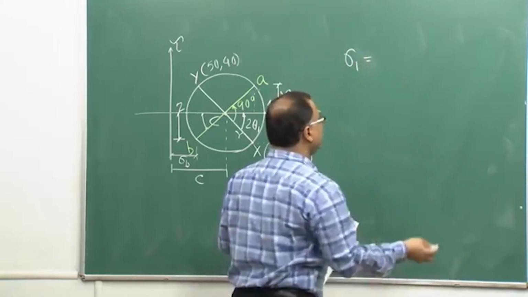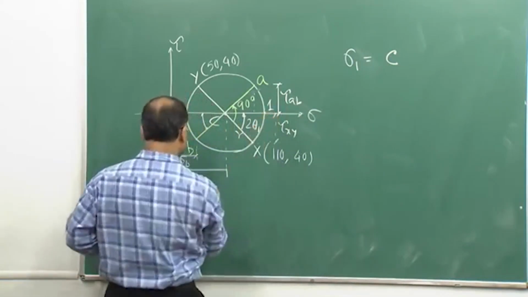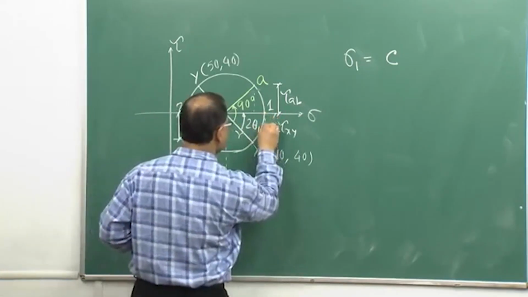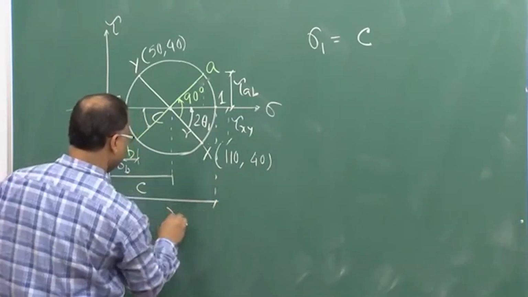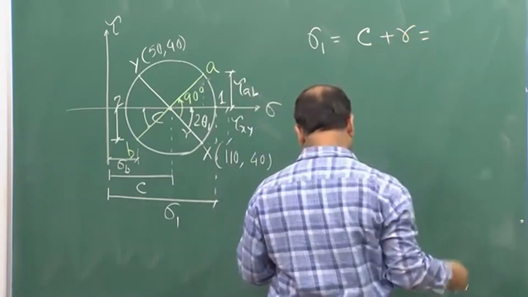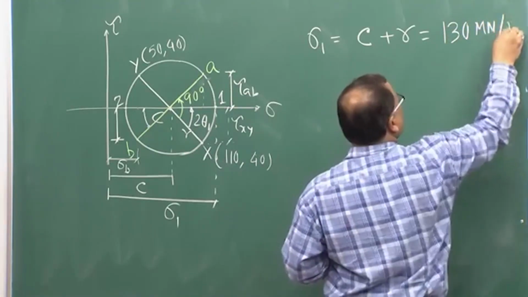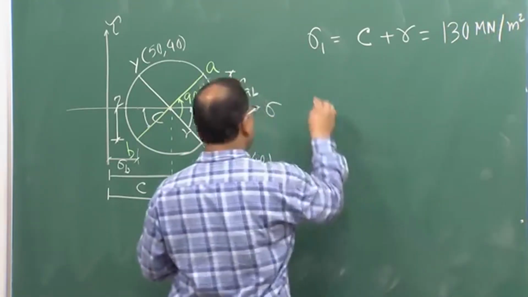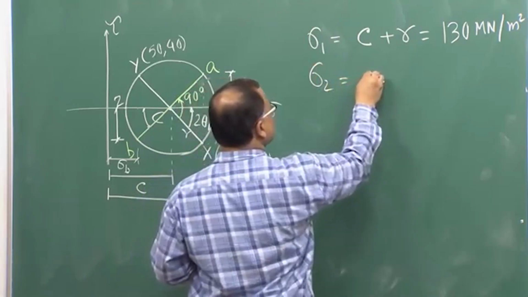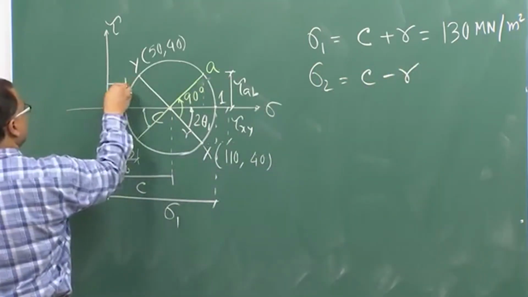Sigma 1 by definition, this one is sigma 1, right, C plus R. So, that will be coming as 130 meganewton per meter square, and sigma 2 is C minus R. This is your sigma 2.